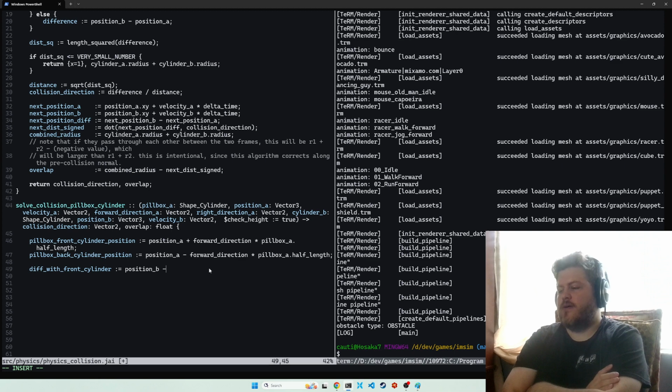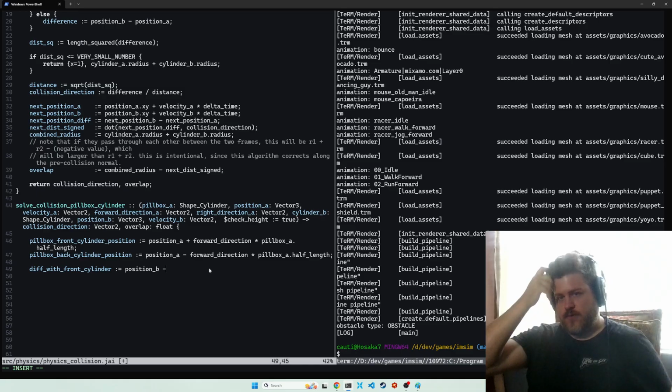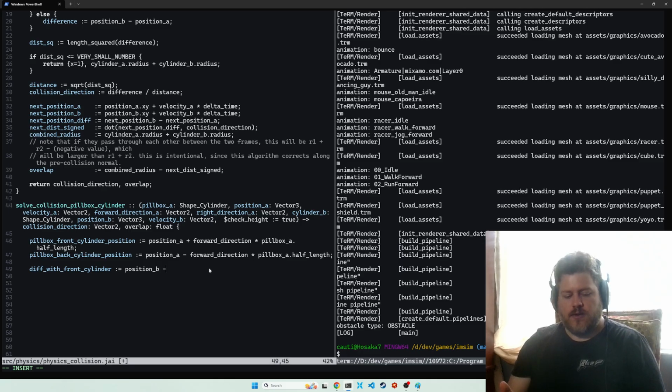So if I'm using, shoot, I forget what this algorithm is called, but I think what I should be doing here is getting what the collision normal would be if it were to make contact right now and then get the overlap based on that collision normal. Though that is significantly more complicated than not doing it that way for this specific shape.